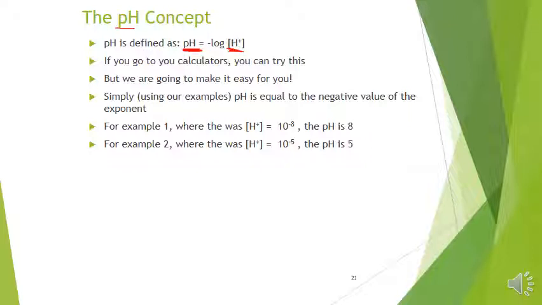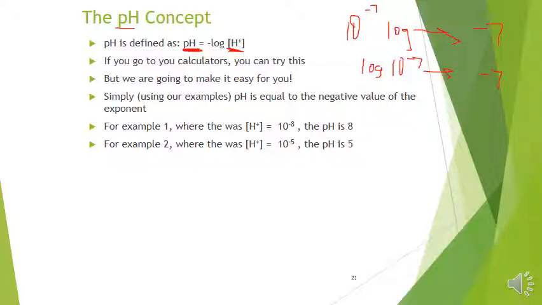With some calculators, if you put 10 to the -7th in and hit log, it's going to shoot back -7. Other calculators do it the other way: you push the log button, then write 10 to the -7th, and when you push enter, it'll give you -7 as well.